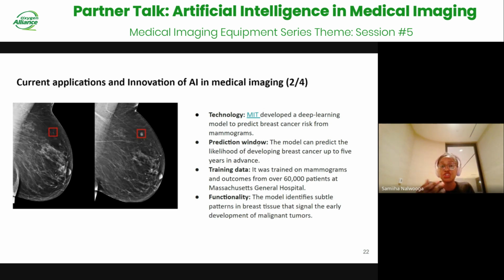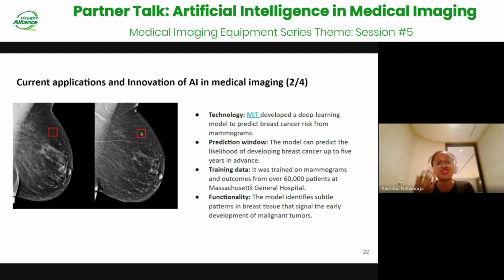Given these images, this deep learning model, which is a CNN, has been used to predict breast cancer. The model can predict the likelihood of developing breast cancer up to 5 years in advance. That shows you how AI is very powerful. It has that predictive ability. Given the current information and the past information, it can predict the future.